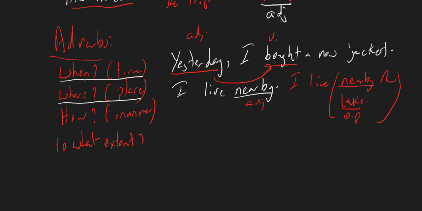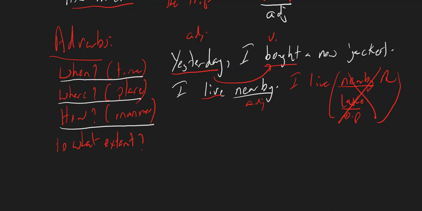Therefore, nearby is not an adverb here. Okay, only when nearby is alone we consider this as an adverb modifying the verb. If it's followed by an object, in this case nearby the lake, then it's a preposition introducing a prepositional phrase.